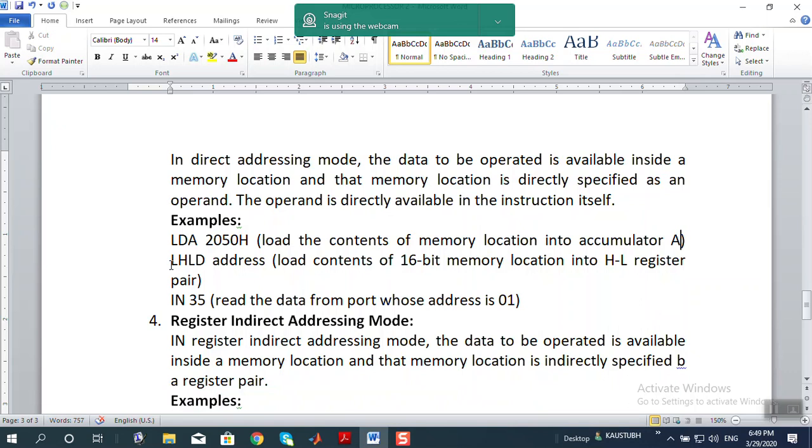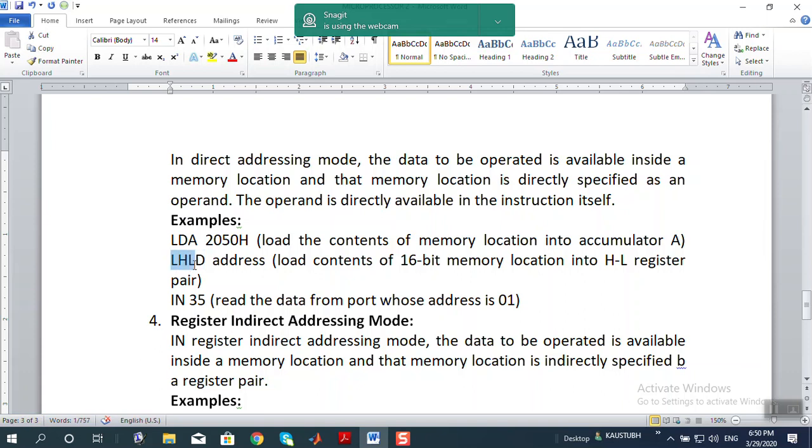Similarly, another instruction, LHLD. The meaning of this instruction is load HL register pair directly. As you know, this HL register pair becomes a 16-bit destination, because H and L together become 16-bit.